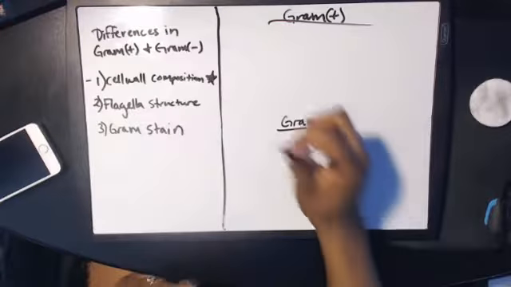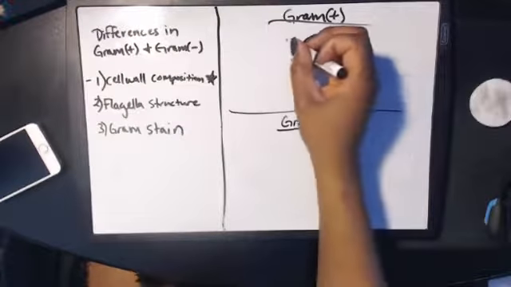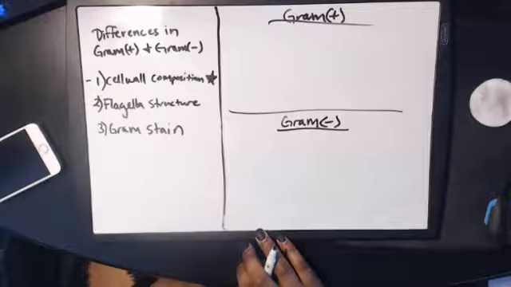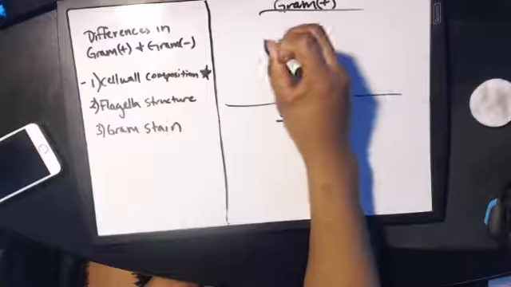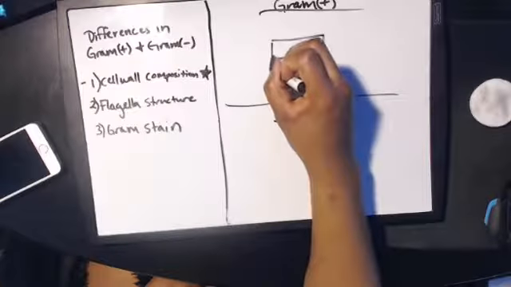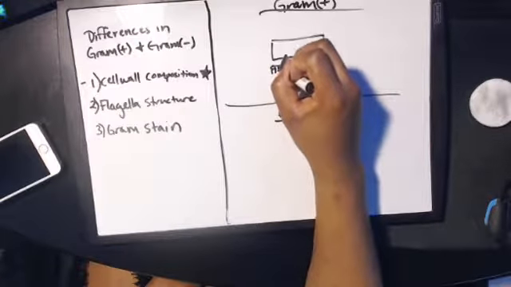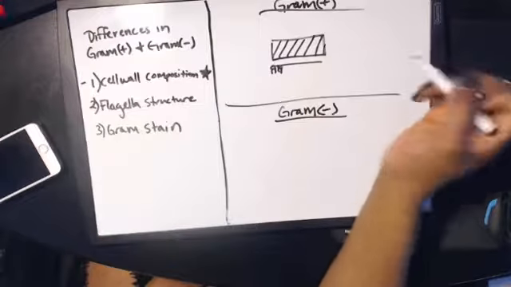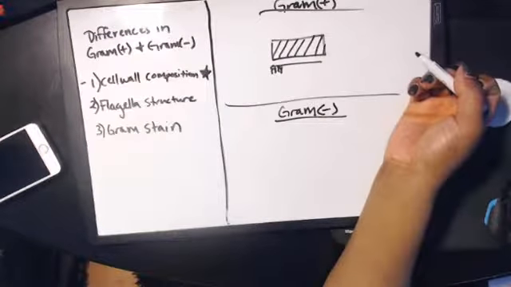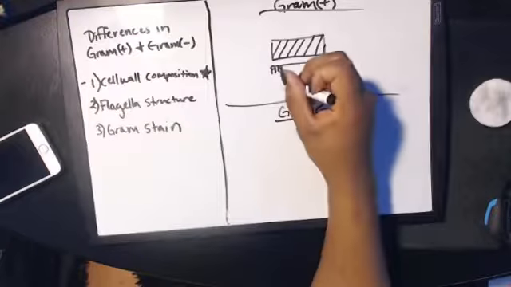It does not. So when you go through the steps of the gram stain, because of this thick peptidoglycan layer, and periplasmic space, when it's covered in dye, it holds steadfast longer than it would in a gram-negative.